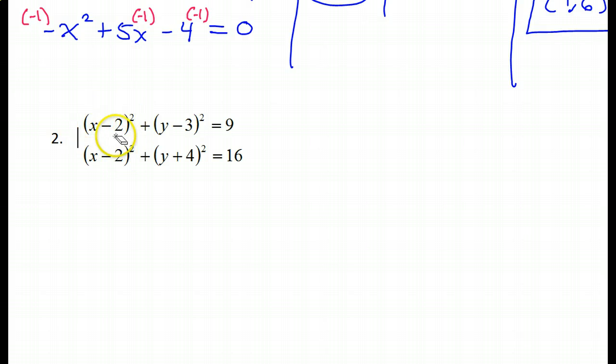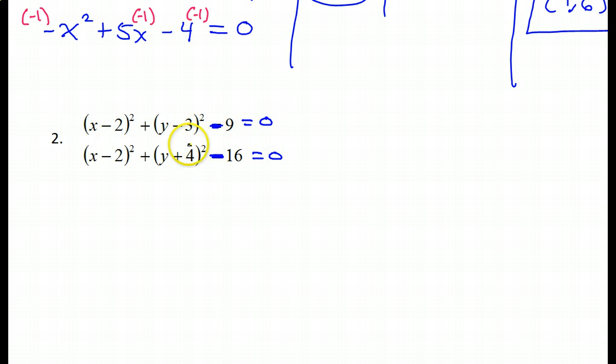This will save me from having to multiply these out. I'm going to subtract 9 from both sides, and I'm going to subtract 16 from both sides. That will make this become minus 9 equals 0, and that will make this become minus 16 equals 0.